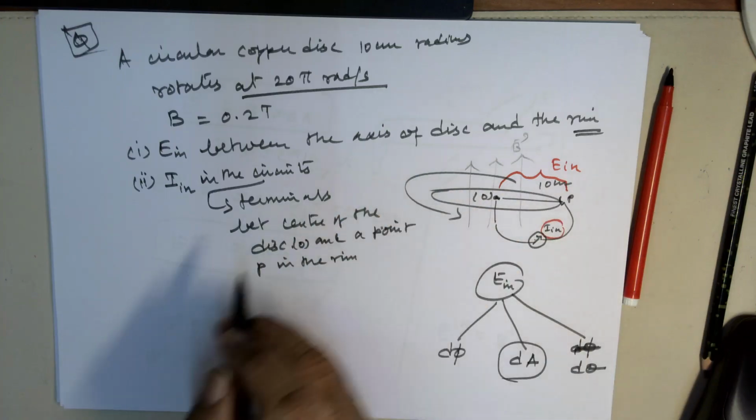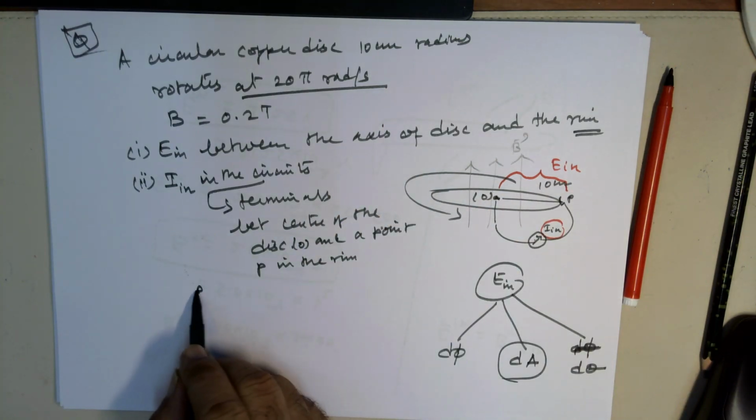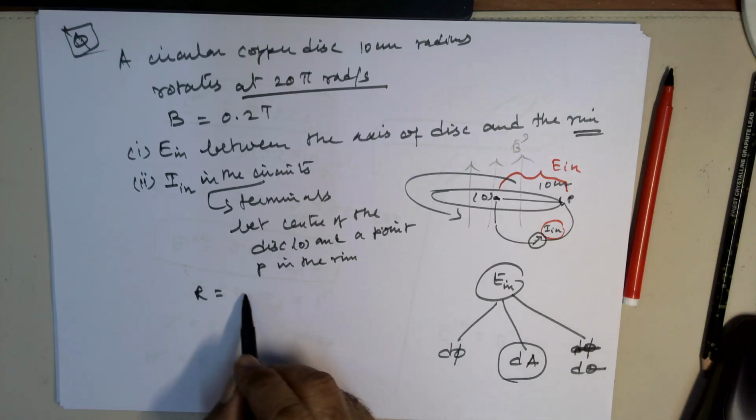Rim means the edge of the wheel. The resistance of the circuit is 2 ohms.